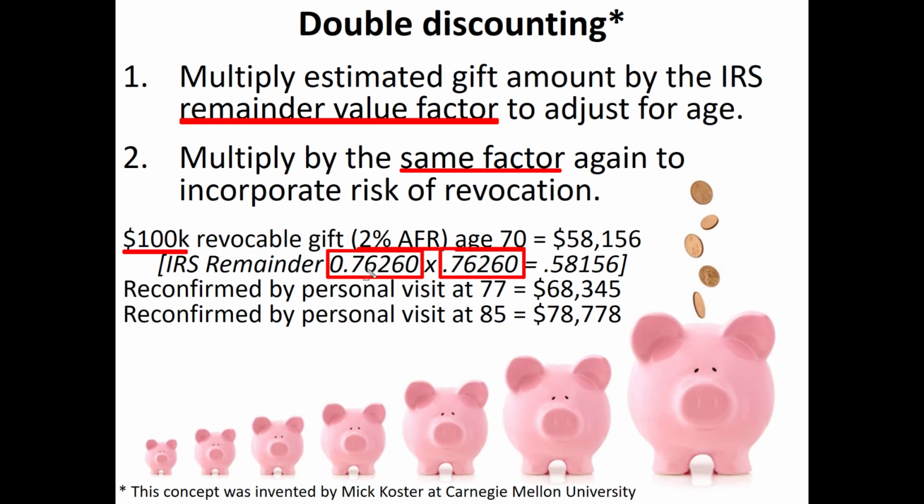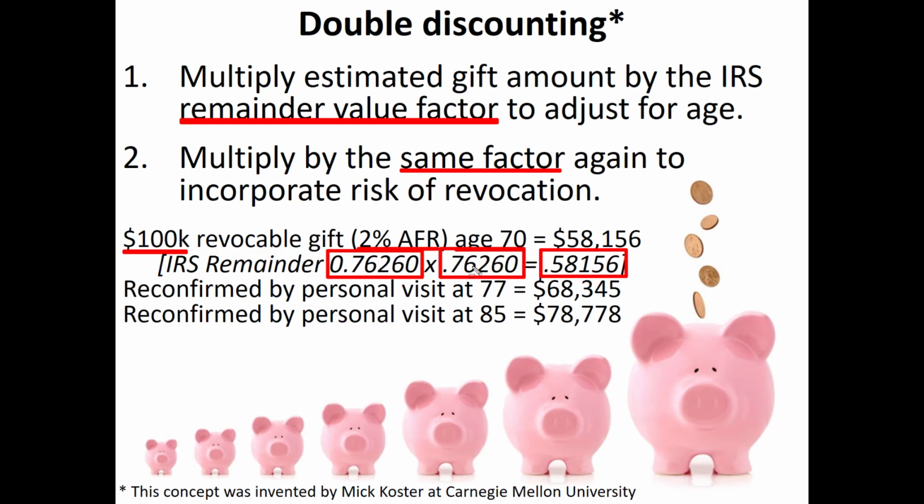So we're not just going to take 76.26% of this $100,000. We're then going to take another reduction, 76.26% of the 76.26%. And another way of saying that is we're going to use a reduction in this case of 58.156%.